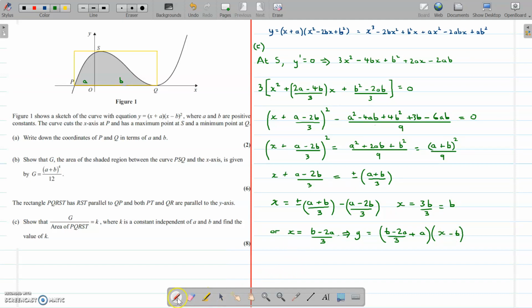Now, of course, I don't need x in there, do I? I need the actual value of x, which is b minus 2a over 3 minus b all squared.